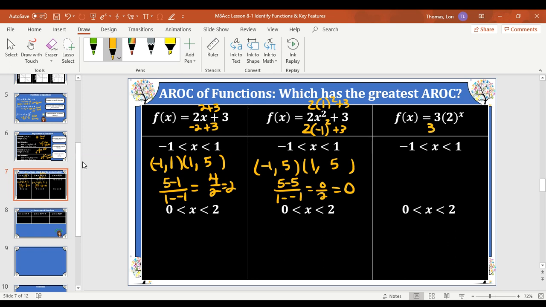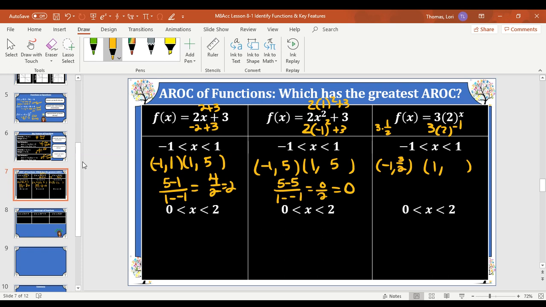Okay, now we're going to plug in -1 here. So we have 2 to the negative 1, so that gives me just 1/2 because it reciprocates my base of 2. So we're going to have 3 times 1/2, and I'm just going to write it as 3/2 for now.